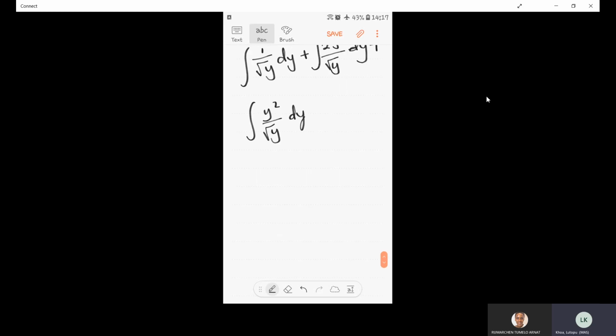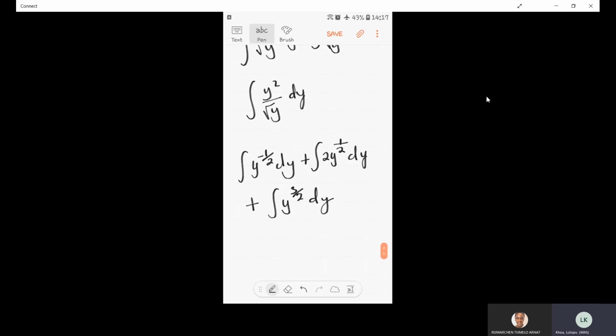Then you can rewrite this as the integral of y to the power of minus a half dy plus the integral of 2y to the power of half dy, and then plus the integral of y to the power of 3 over 2 dy, like that.